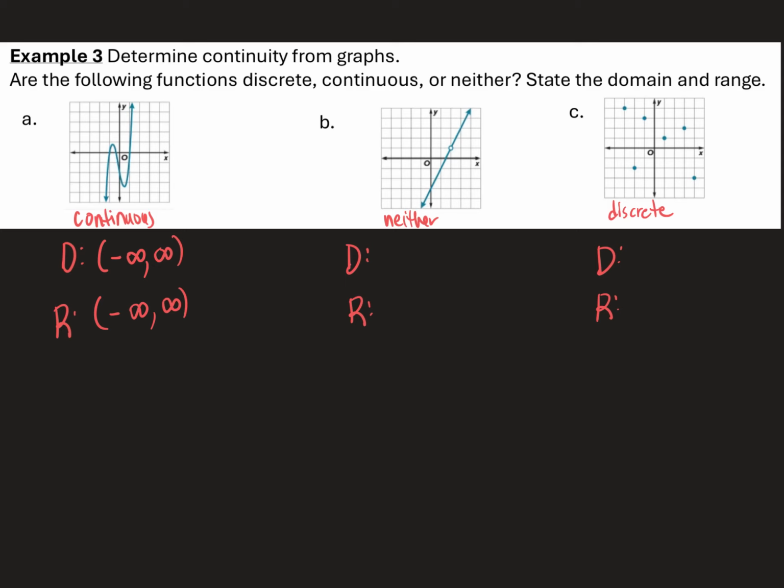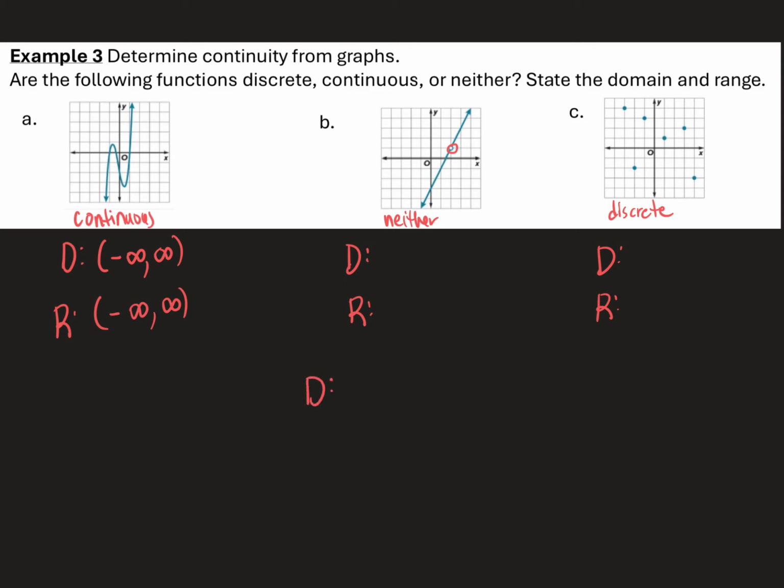Now, letter B, how far to the left and right is it going? Well, it's going forever left and down, forever right and up, except for this point right here. For my domain, I'm going to draw you a number line because I think it'll be easier to read.